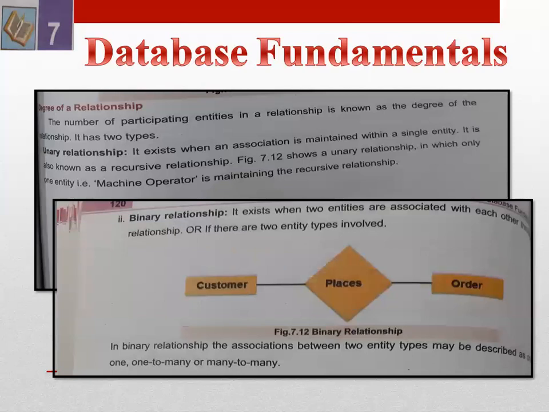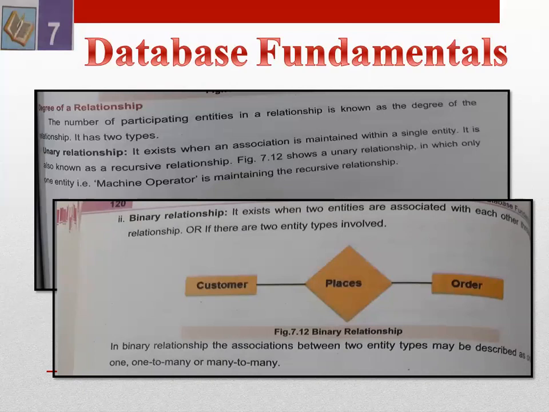A binary relationship exists when two entities are associated with each other through a relationship, like customer places order. Here we have two entities, customer and order.